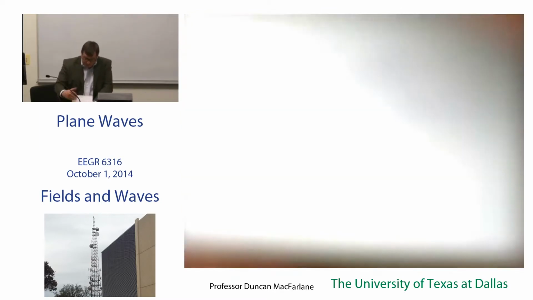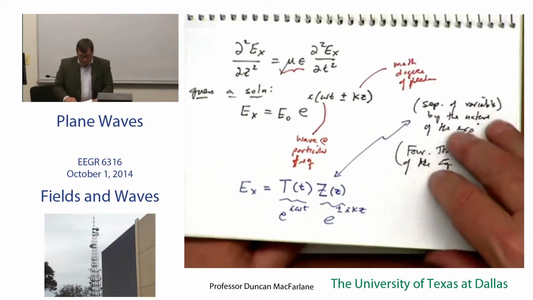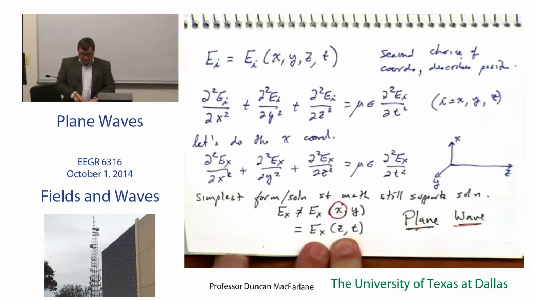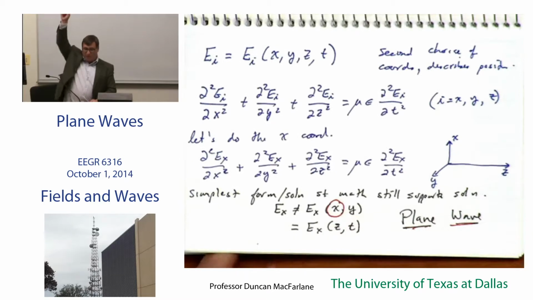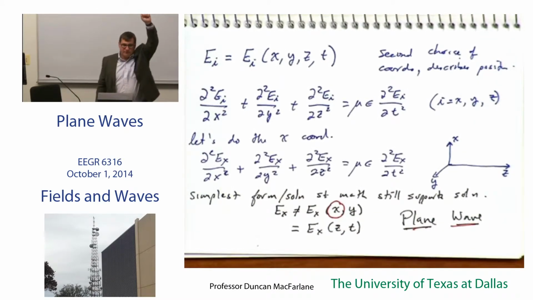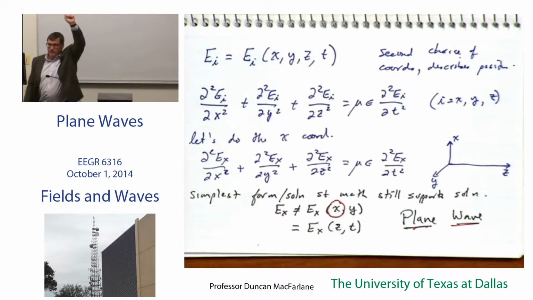Now, I go back and I say, well, wait a minute. I only did a plane wave that was moving in the z direction. So I can also have a plane wave that points in the x direction and moves in the y direction. Okay? It would be in the y direction this way, sorry.